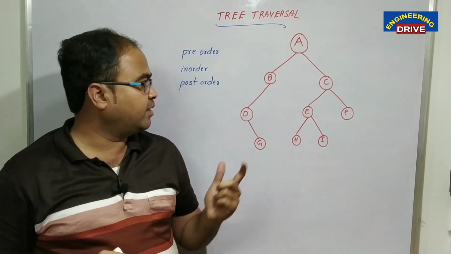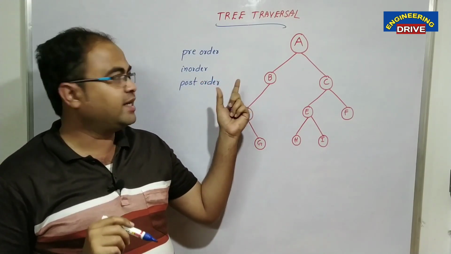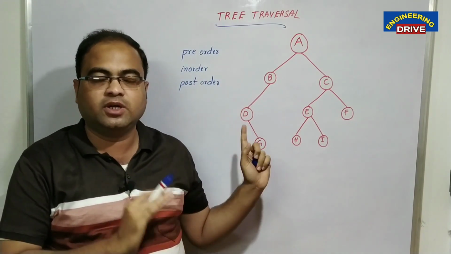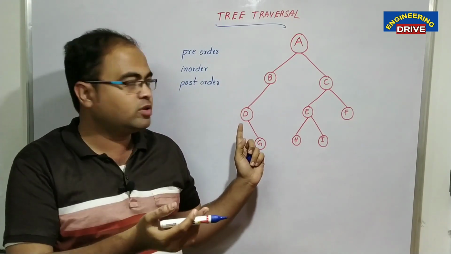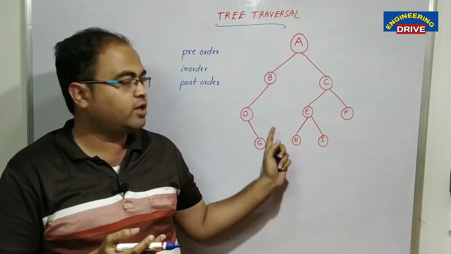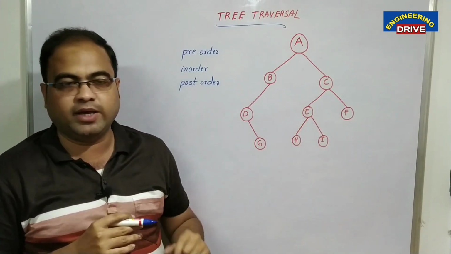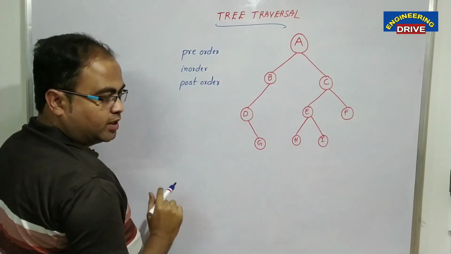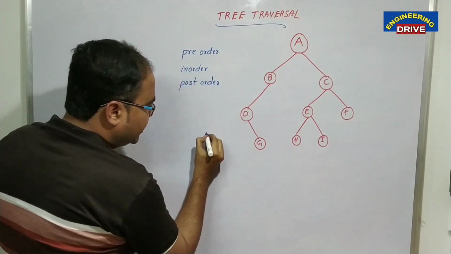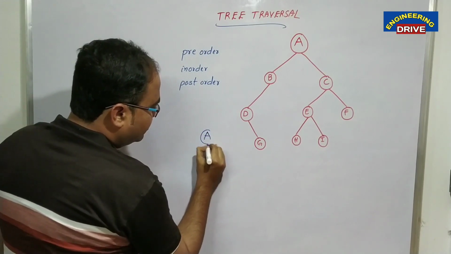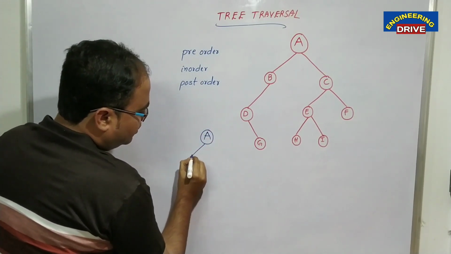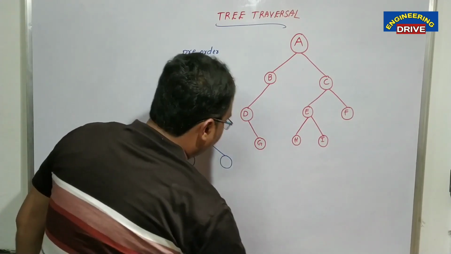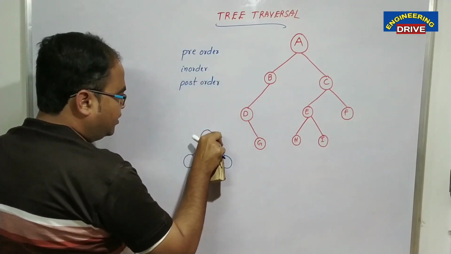Now let us take one example to understand what is pre-order, in-order and post-order first. Then we will find out how to find the pre-order, in-order and post-order of a given tree. Let us say this is a particular binary tree.